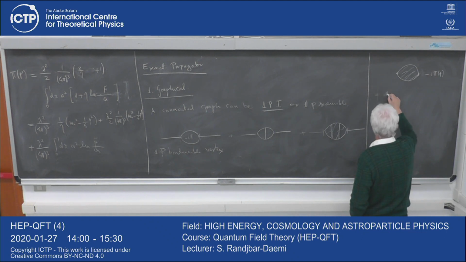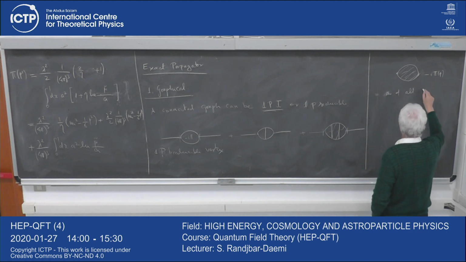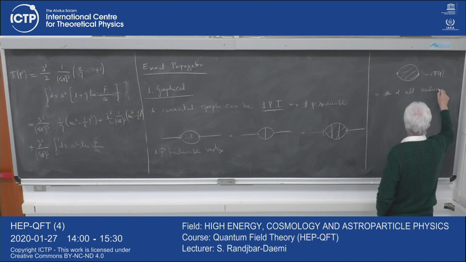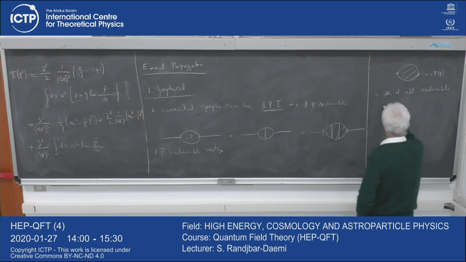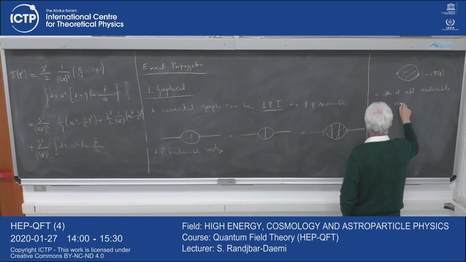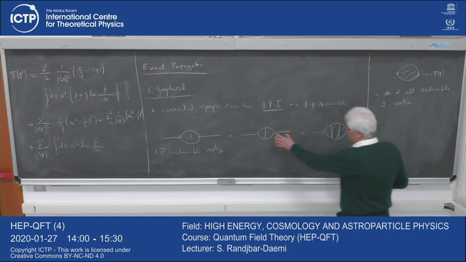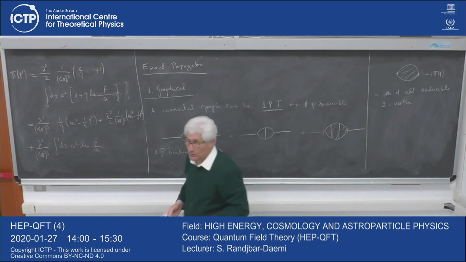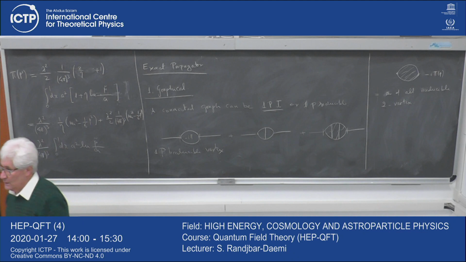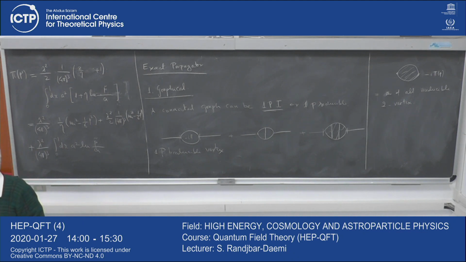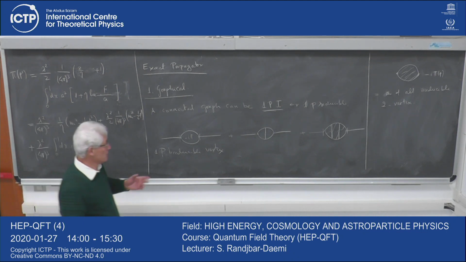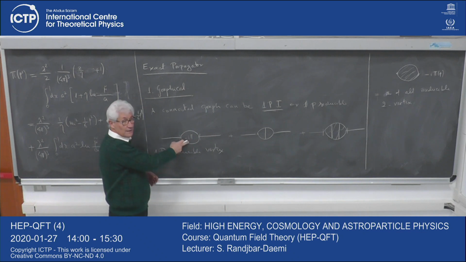and let's assume that it denotes the sum of all irreducible 2-point vertices. That means it's the sum of all of these vertices. There are infinite number of them. Okay? So in the one loop approximation, that thing will be just that.